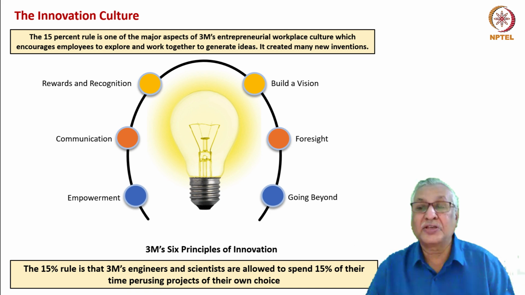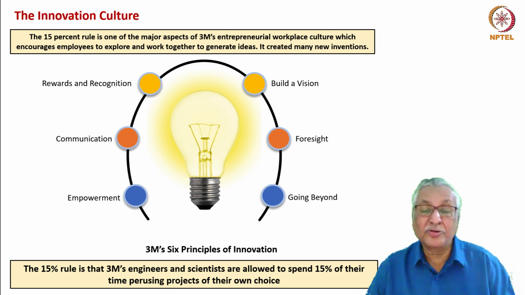And this approach has created many new inventions. The 15% rule is that 3M's engineers and scientists are allowed to spend 15% of their time pursuing projects of their own choice. And this has created several innovations at 3M.